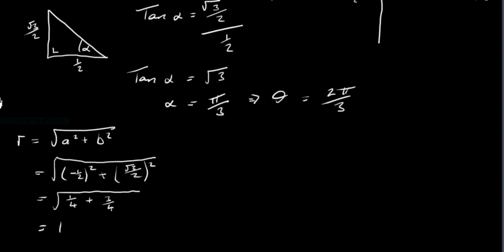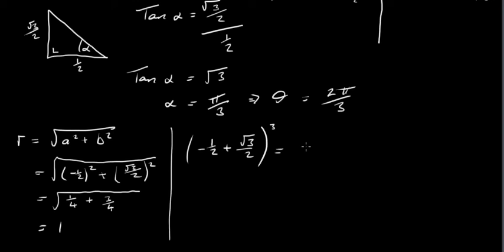So that's handy. So now we can just write down our complex number in polar form. Our original complex number was -1/2 plus √3/2 i. Remember, we want to raise this to the power of 3. So we'll just write it in polar form. So our polar form is going to be r, which is 1, and we want cos theta.